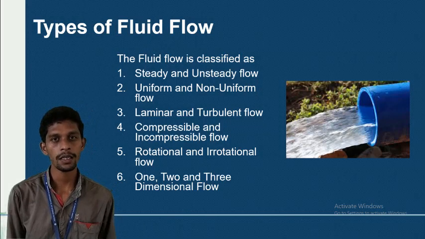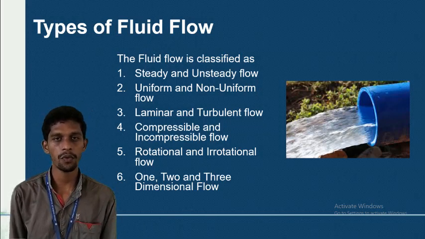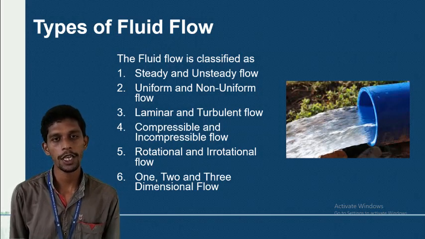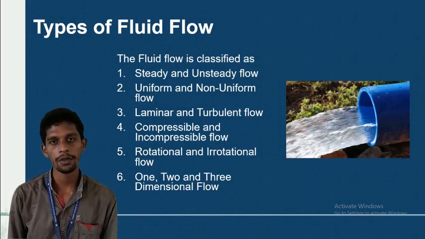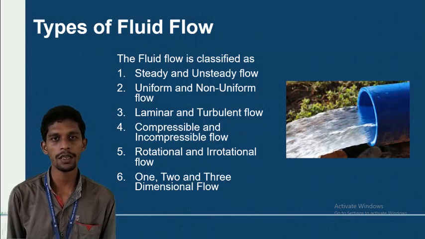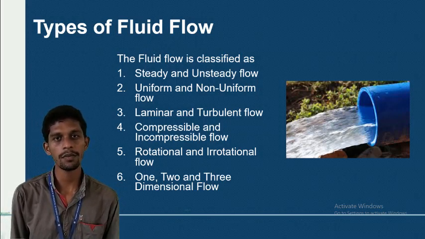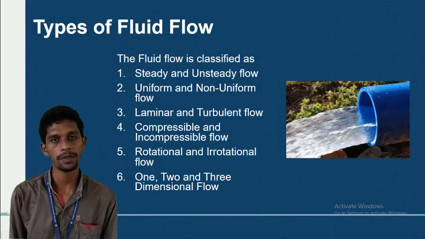These are the classifications of fluid flows. Based upon the change in their properties according to time and position, the type of flow may vary. We will discuss these types in depth.